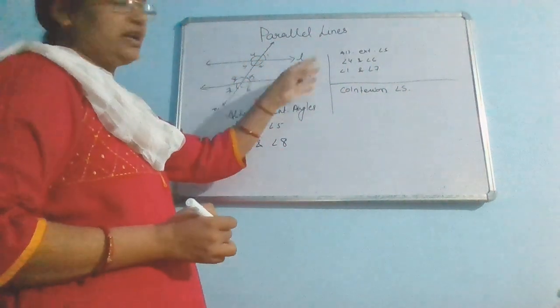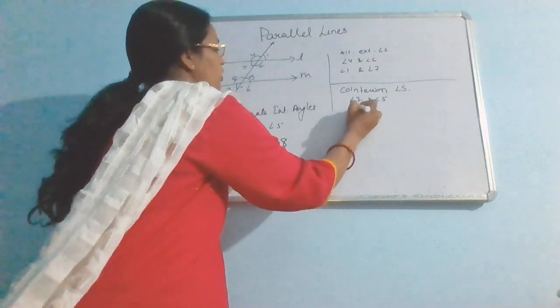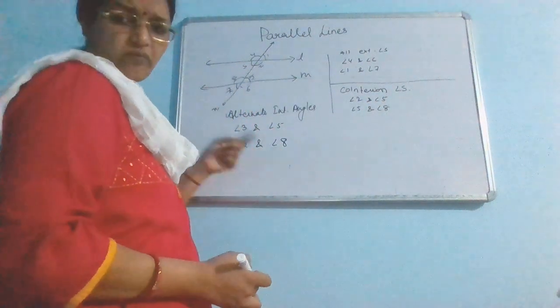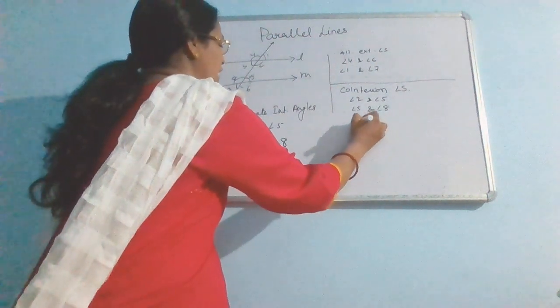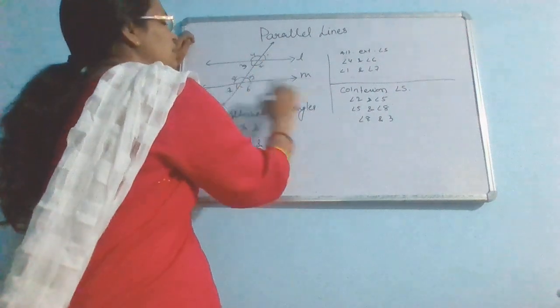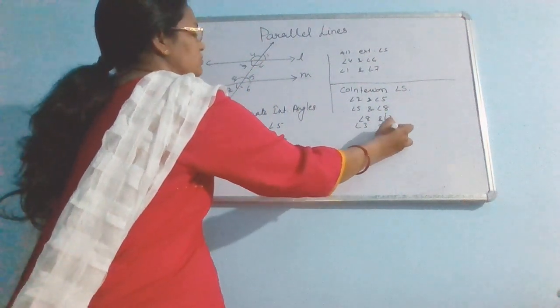Co-interior angles are the angles on one side. So we can say angle 2 and angle 5, or angle 5 and angle 8. These are a linear pair. Angle 8 and angle 3, and angle 3 and angle 2.